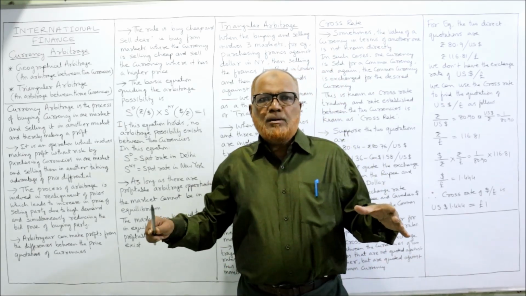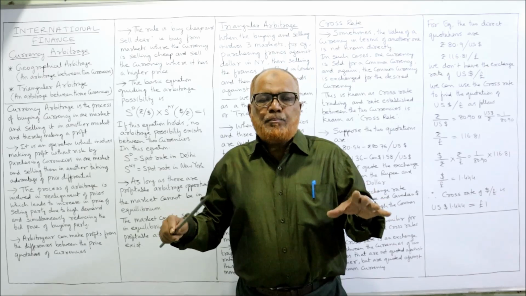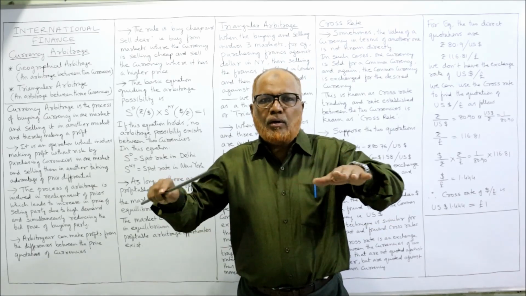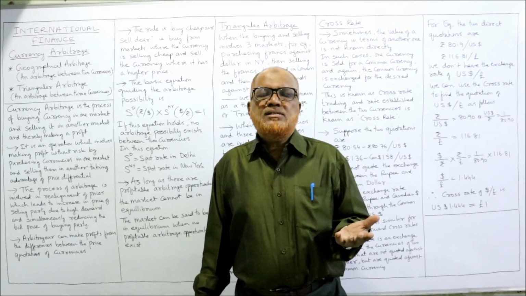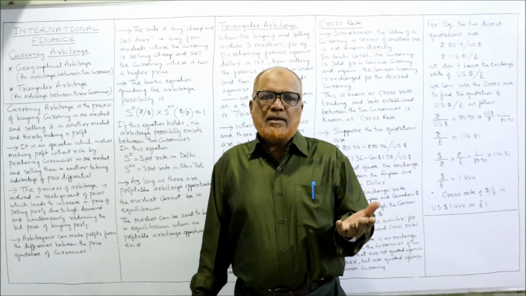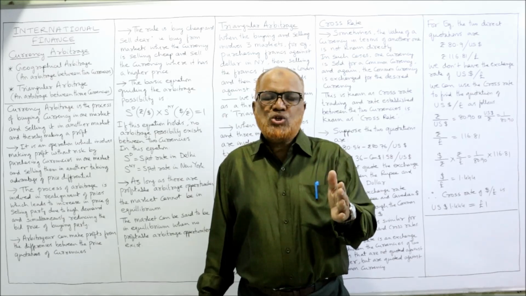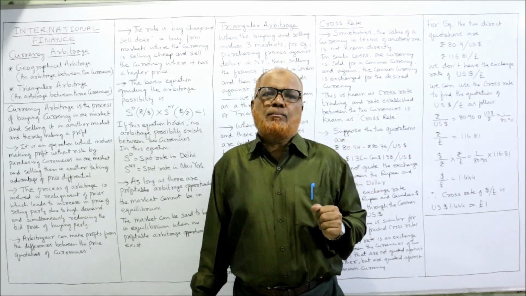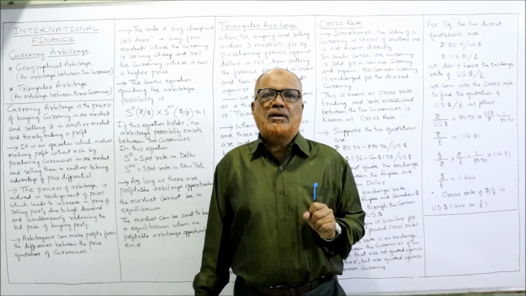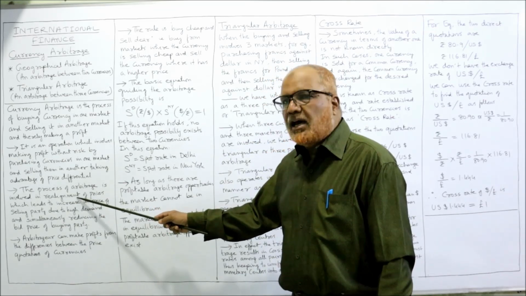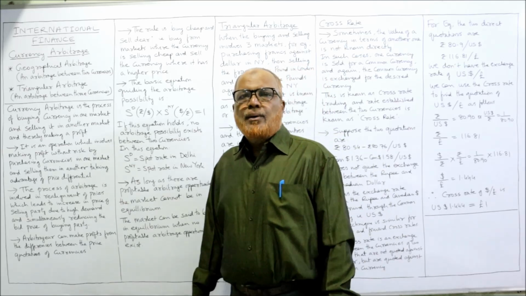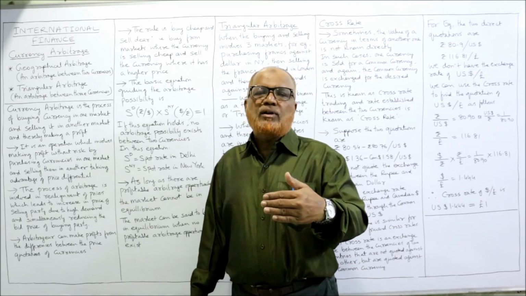Because of the differences in price; if the same price prevails in all the markets, there will be no arbitrage at all. But this will seldom happen. Always there will be price differential between different markets. So there is a possibility of arbitrage. The process of arbitrage involves realignment of prices. By conducting this arbitrage, what will happen?